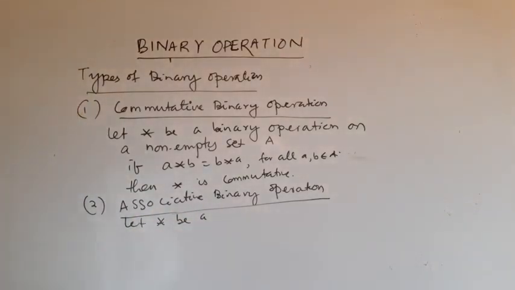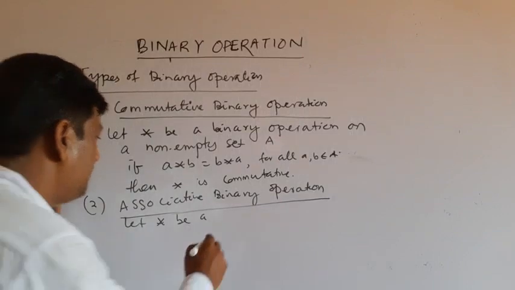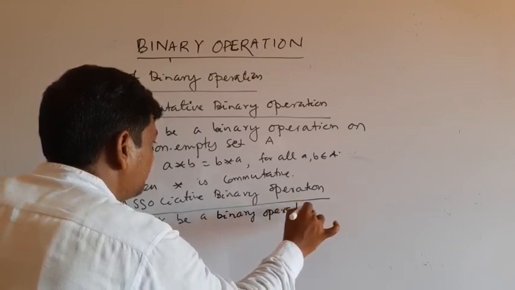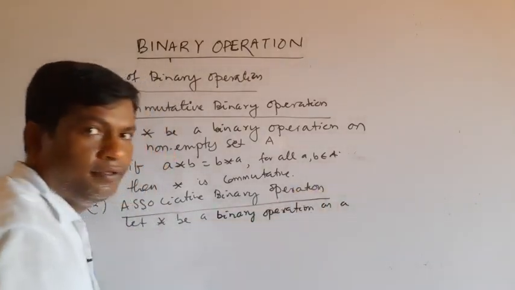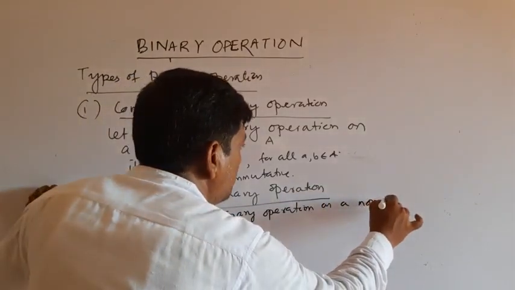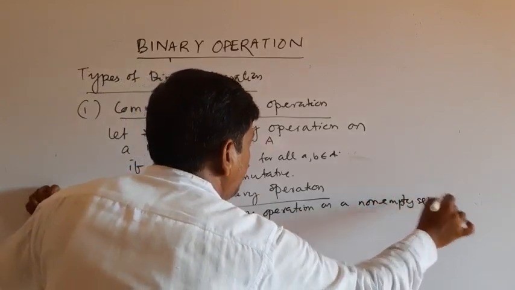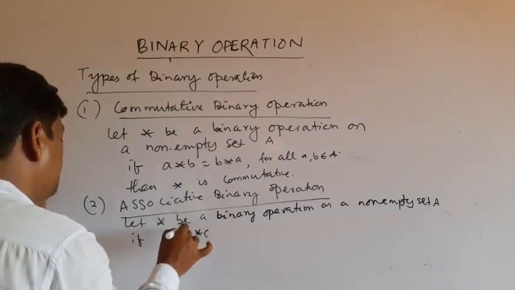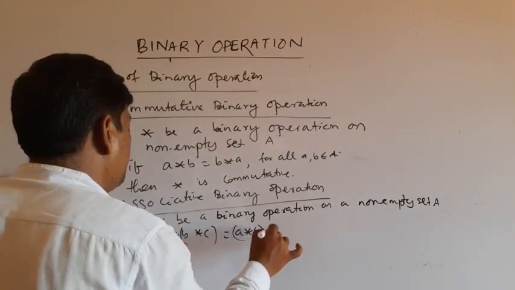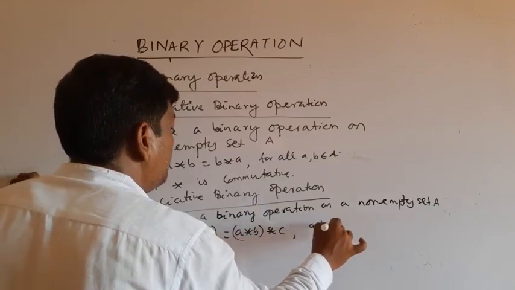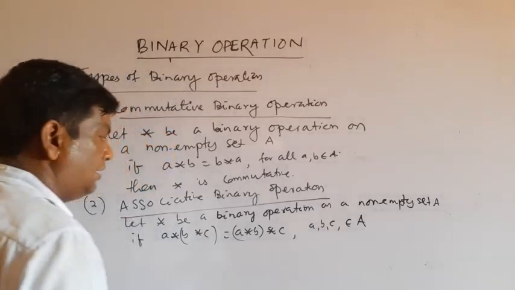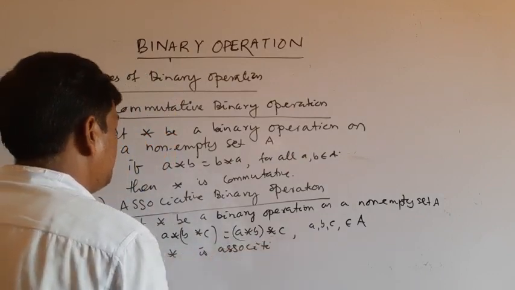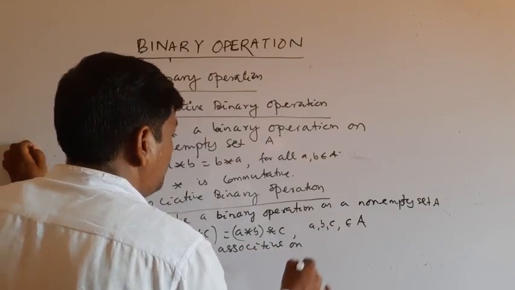Let star be a binary operation on a non-empty set capital A. If (a star b) star c is equal to a star (b star c), where a, b, c all belong to set A, then star is associative with respect to A.